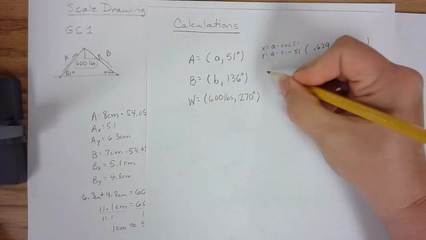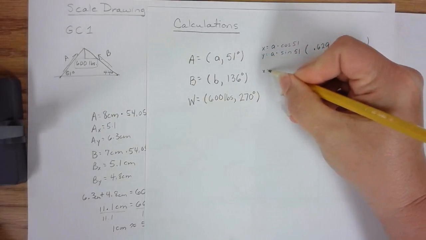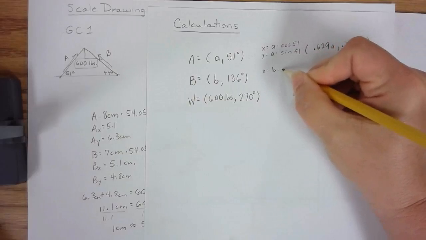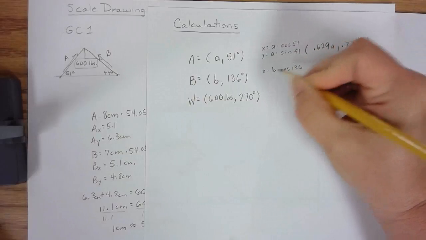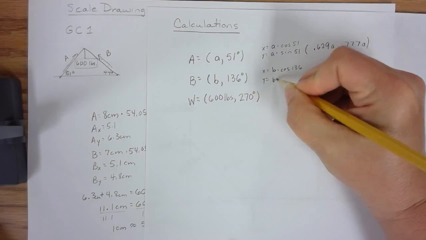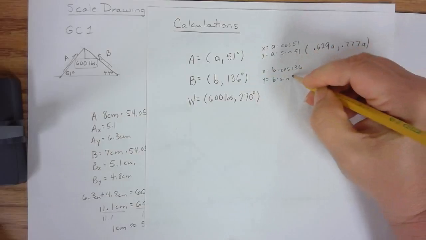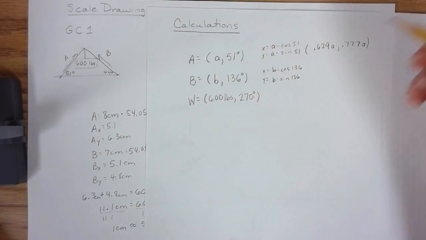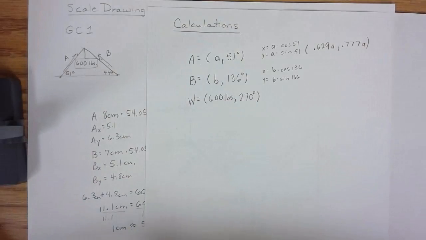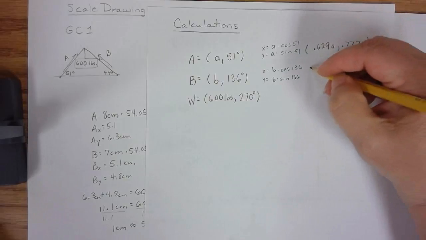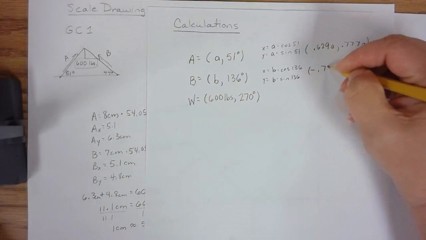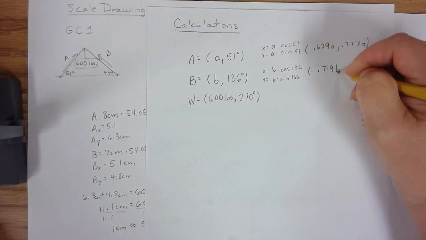I'm going to do the same thing for B. X equals B times the cosine of 136. Y equals B times the sine of 136. So the cosine of 136 came out to be negative 0.719B.